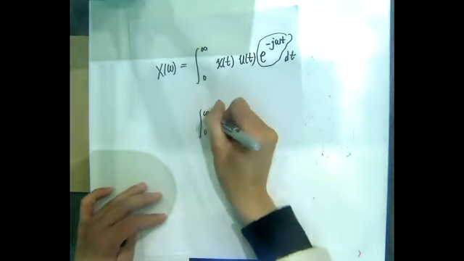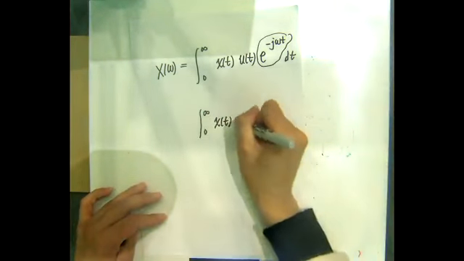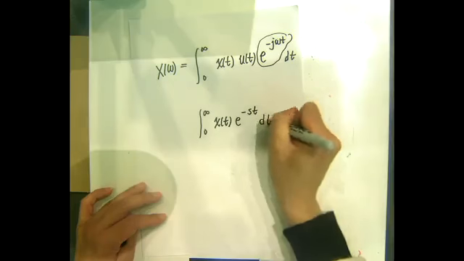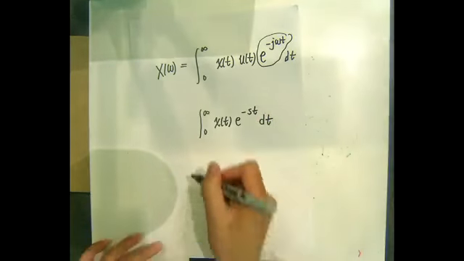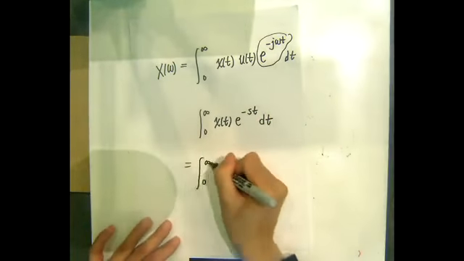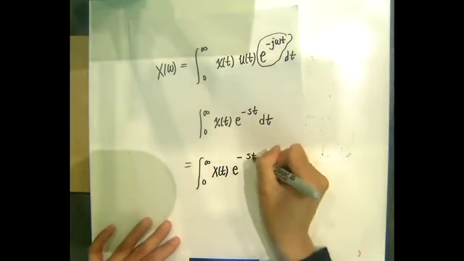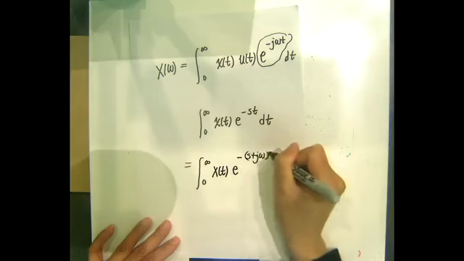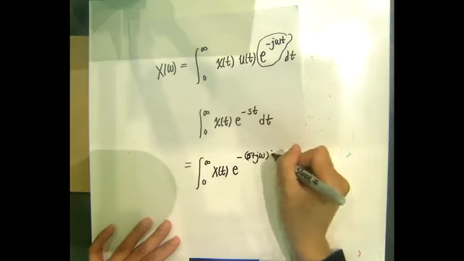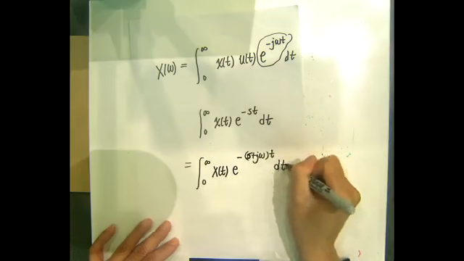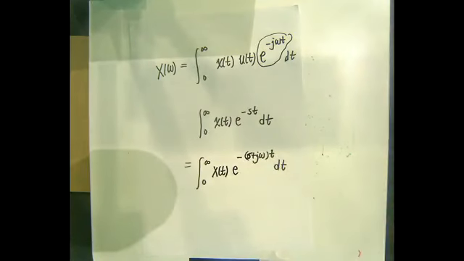However, if you have this term, I can always write down x(t) e to the minus sigma plus j omega t dt. So for any omega and any t, I can always write it in this form.